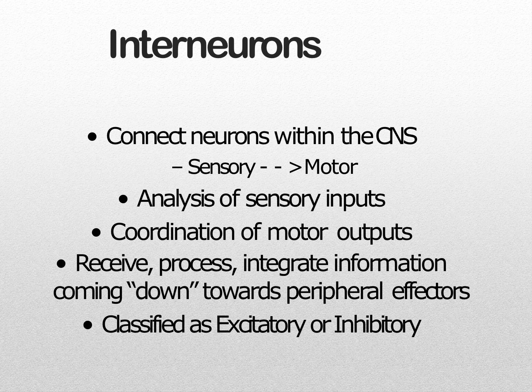They're coordinating the motor outputs, processing and integrating information, so they're in between. They're classified as either excitatory or inhibitory. You don't know what that means yet, but just know that they're excitatory or inhibitory. I'm going to show you a diagram, and you'll get it in a second. Interneurons are usually multipolar neurons. So let me show you what this looks like.